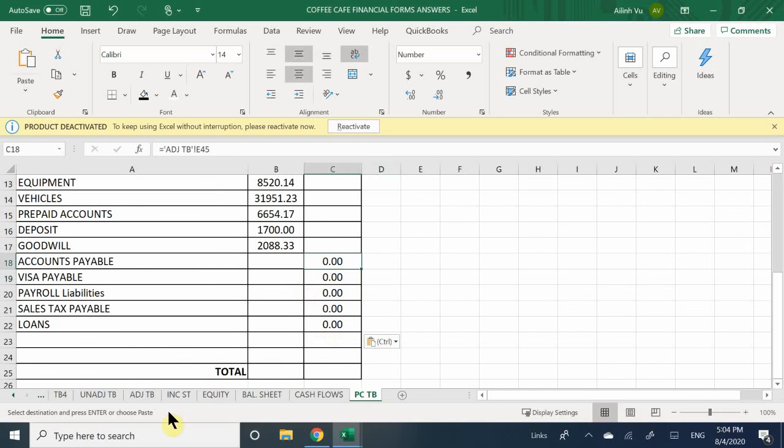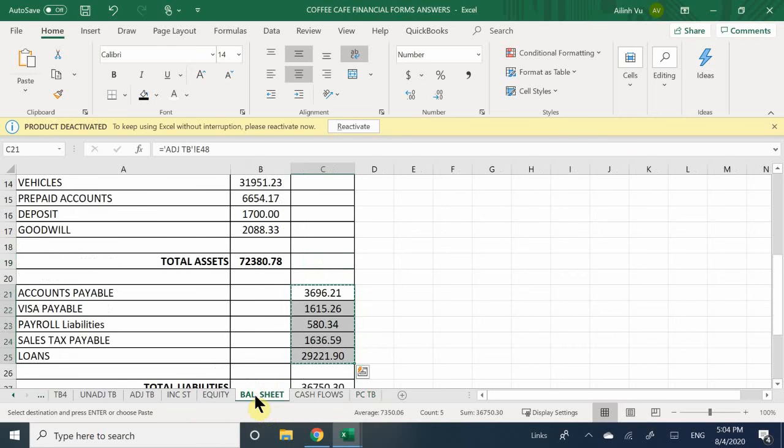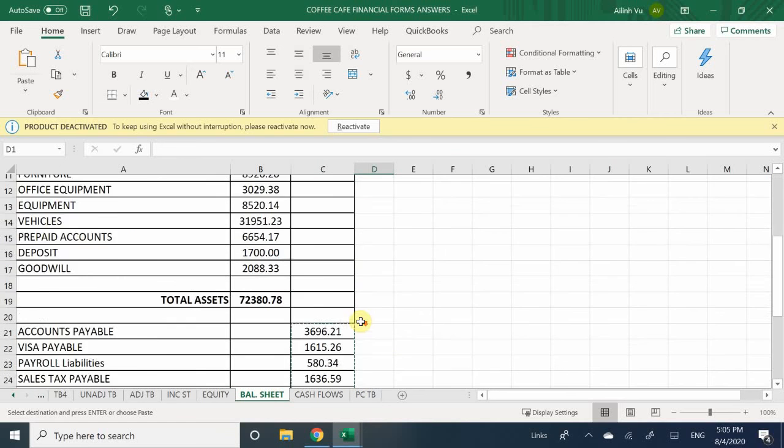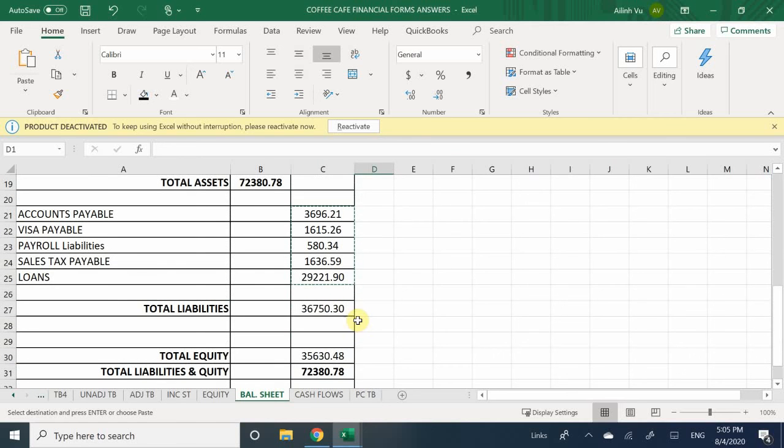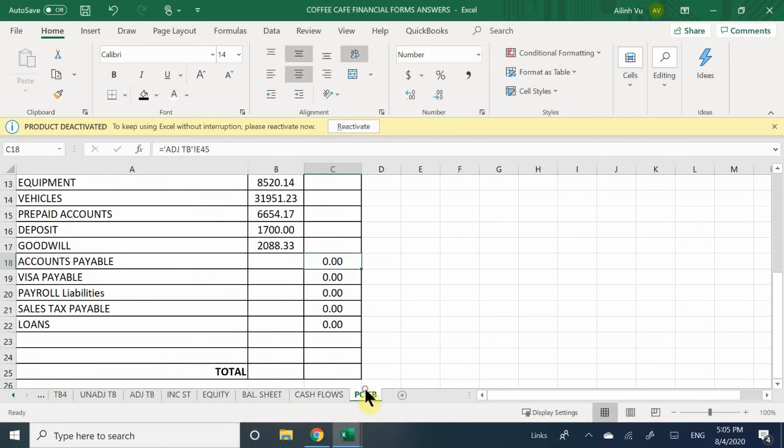So I'm just going to have to transfer it one value at a time. Okay, so there you go. I got rid of that.